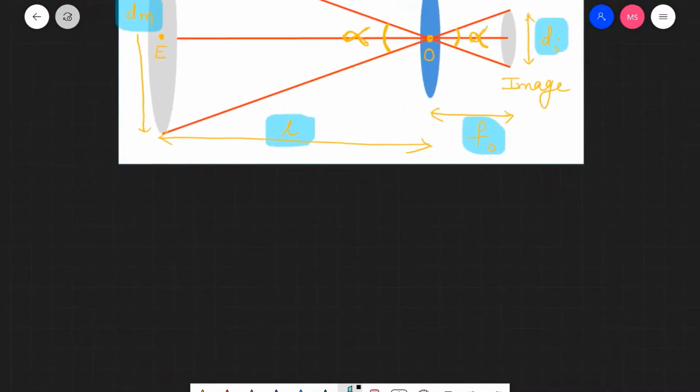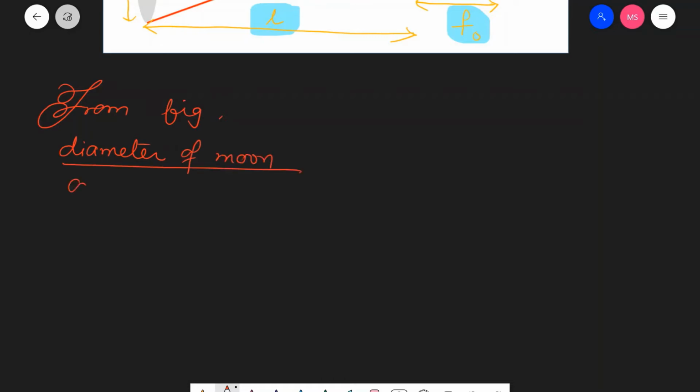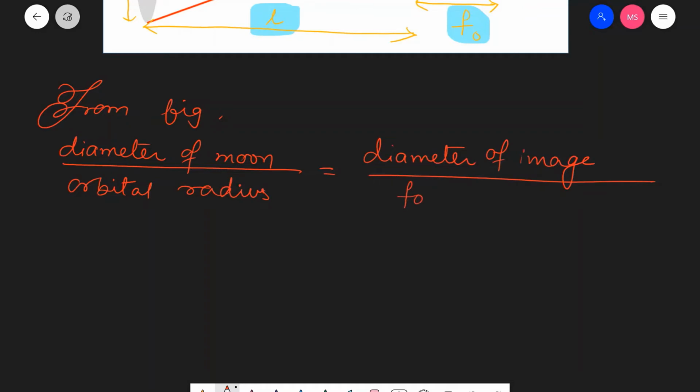So from figure, diameter of moon over orbital radius of moon will be equal to diameter of image of moon to the focal length.